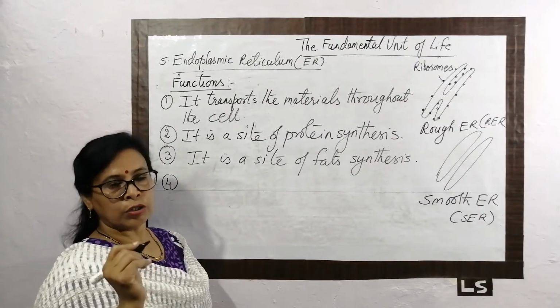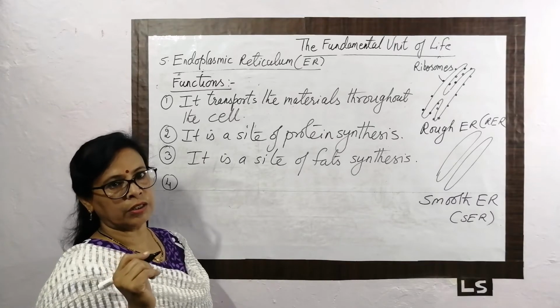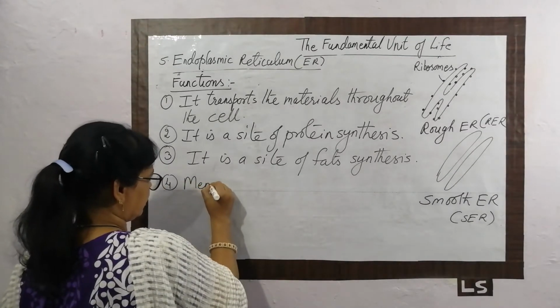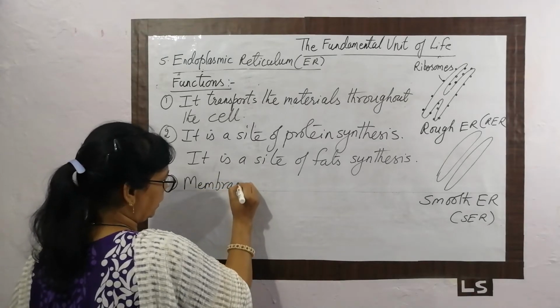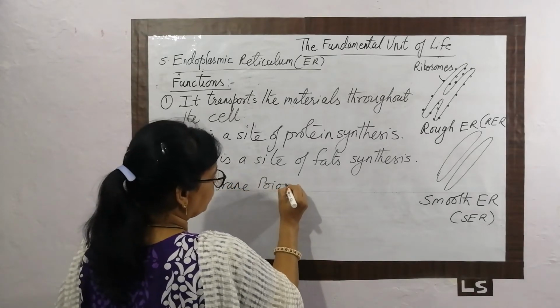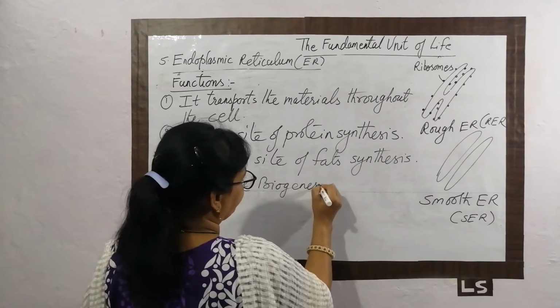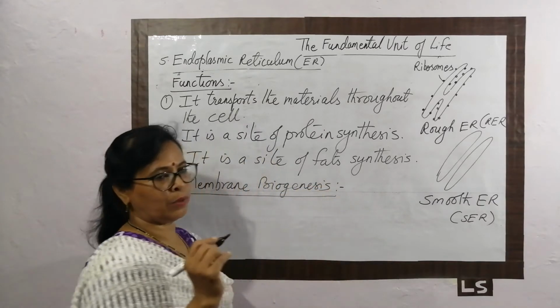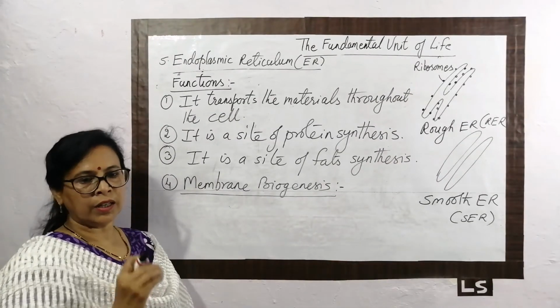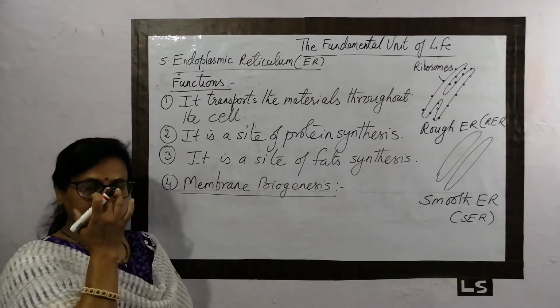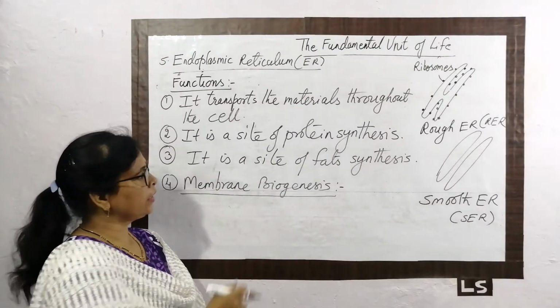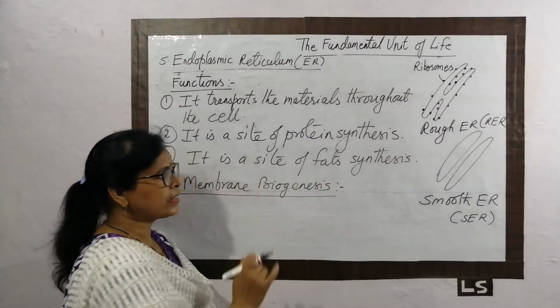Endoplasmic reticulum also performs an important function that is called the membrane biogenesis. Membrane biogenesis. What is this process? Actually the endoplasmic reticulum is the site for the protein synthesis. It is also the site for the fat synthesis.